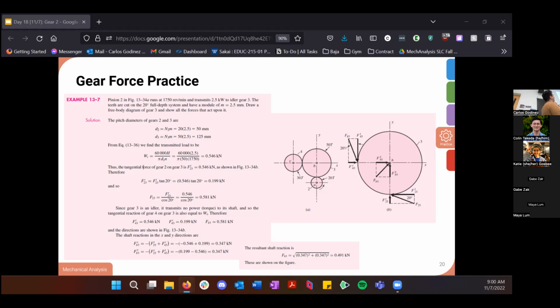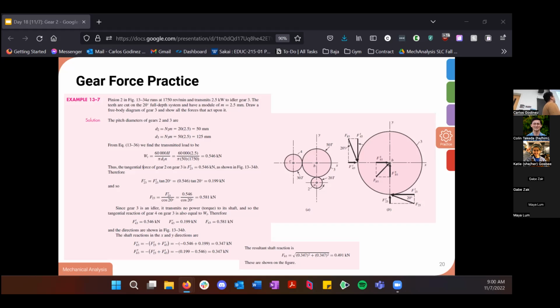Once you have the pitch diameter, you already have the power transmitted, so we can substitute around to get how much force is tangential at each applied tooth. Since we're working at a 20-degree pressure angle, we take that relationship with the tangent to find the radial force.